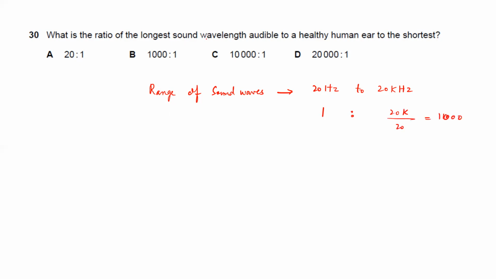So the ratio of the longest sound wavelength audible to the human ear is 1000 to 1. So answer B over here is the right choice we have.